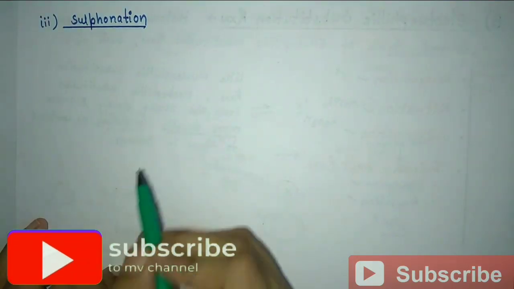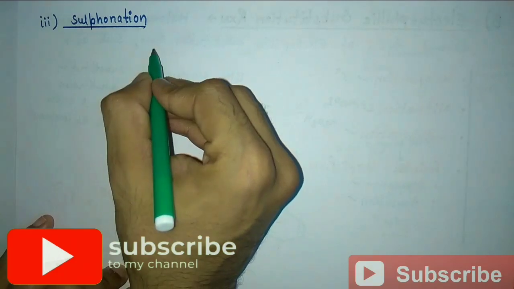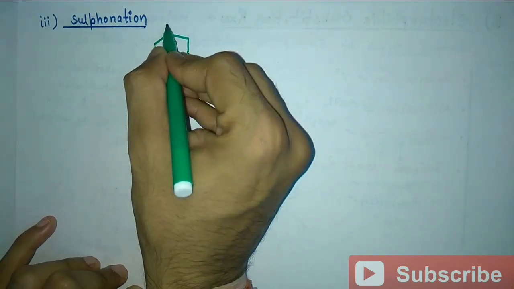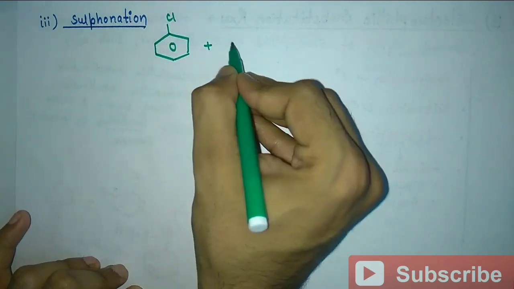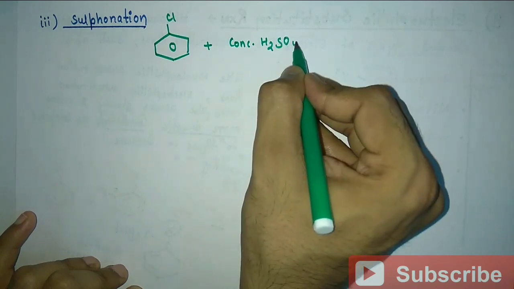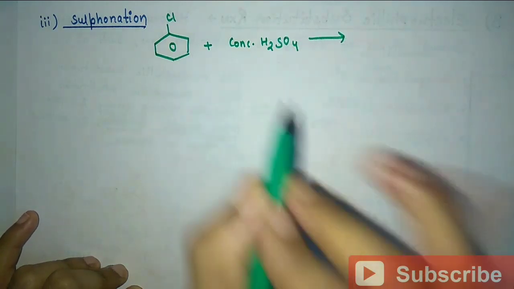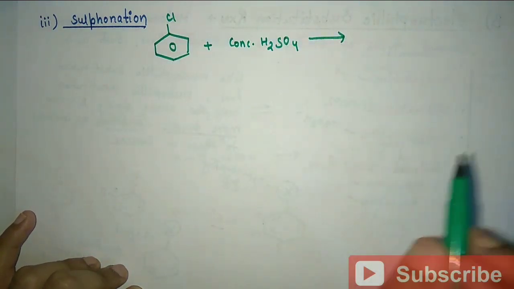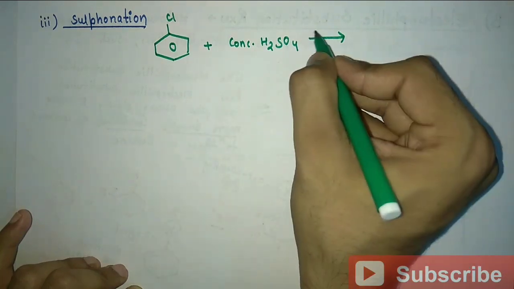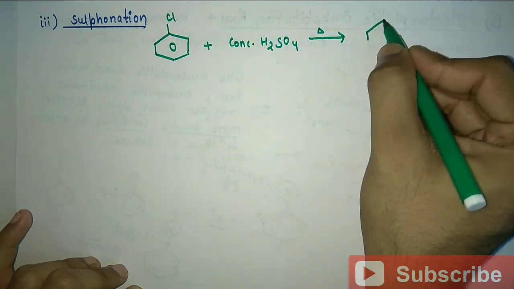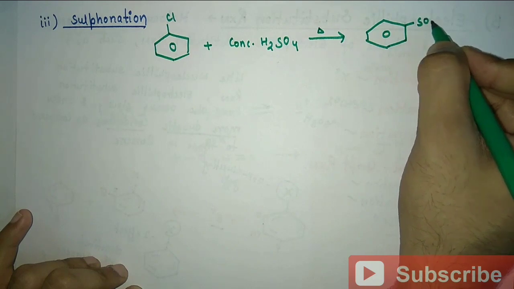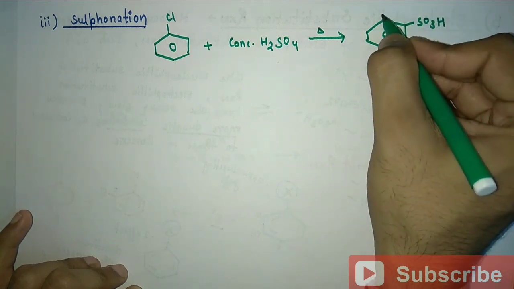Now let's see sulfonation. What happened in the case of sulfonation? This is our chlorobenzene. When it reacts with concentrated H2SO4, it is converted into the sulfonic acid, and the sulfonation occurs at ortho and para position.